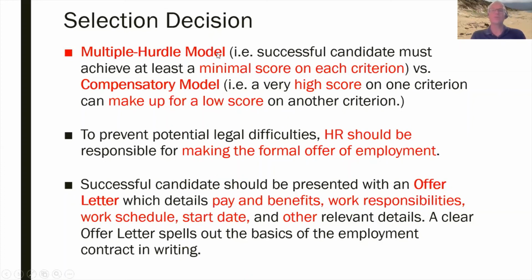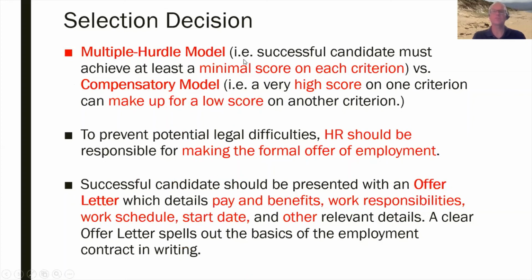In a multiple hurdle scenario, I would eliminate candidate B because he doesn't have the teaching experience. Under the compensatory model, I wouldn't eliminate candidate B, and I would allow for the fact that he has excellent work experience to compensate for the fact that he doesn't have teaching experience.